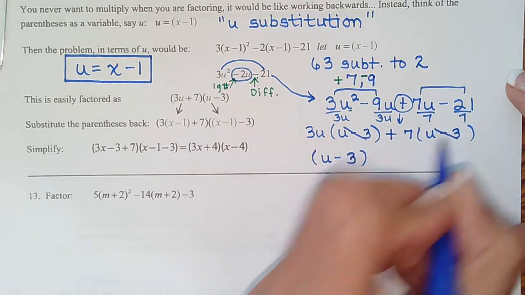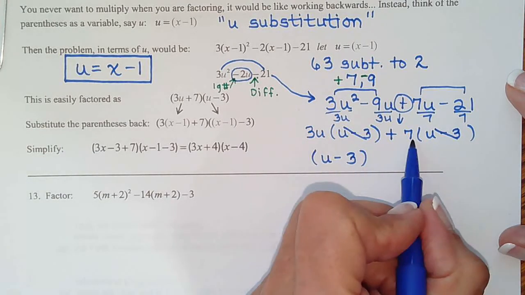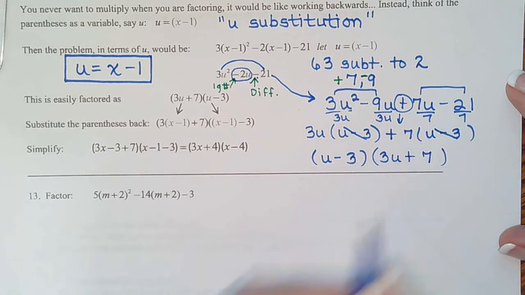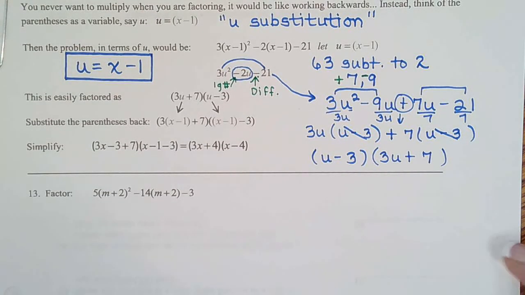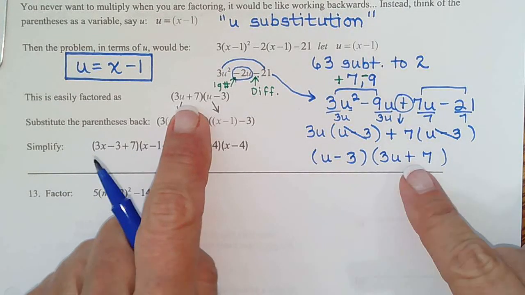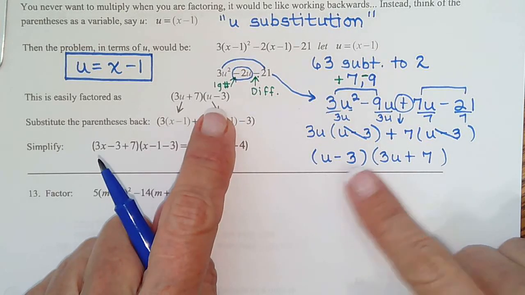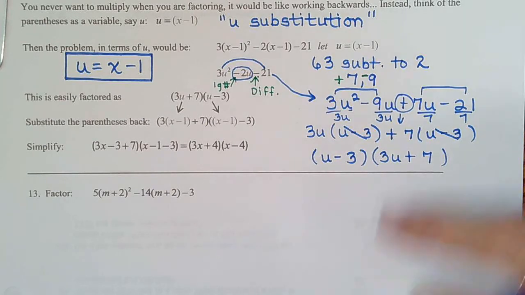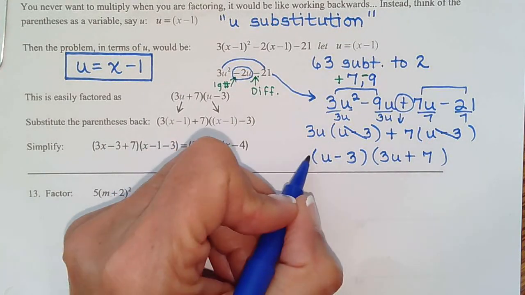So I bring that out as a GCF. And then in the second parentheses, 3u plus 7. So that's where this came from. They have it in this one first and this one second, which doesn't matter. So I just didn't show those steps when I was typing this up. So those are the steps that lead you here.